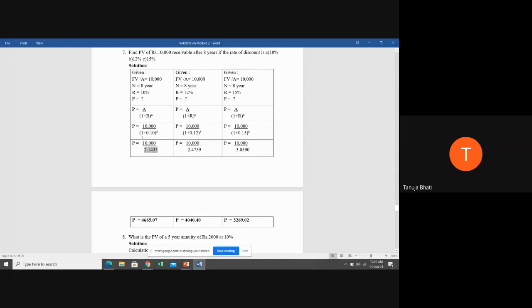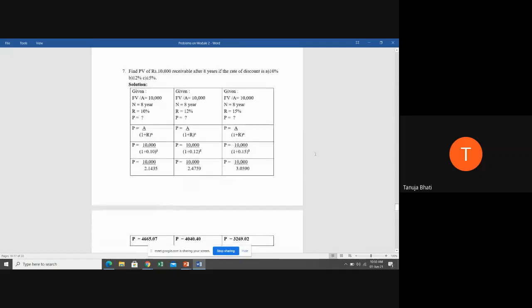Then when you divide, you get P as 4,665.07. On similar lines, you can solve it when the rate of discount is 12% and 15% and get the present value in each case.